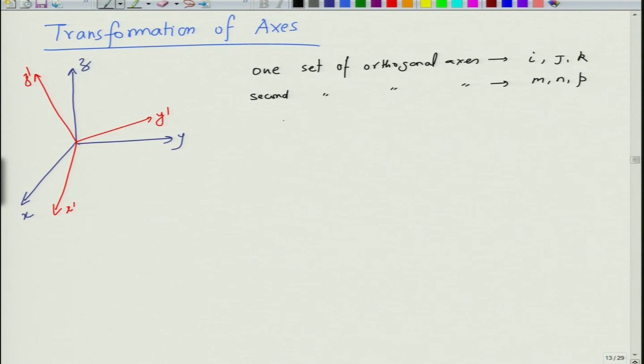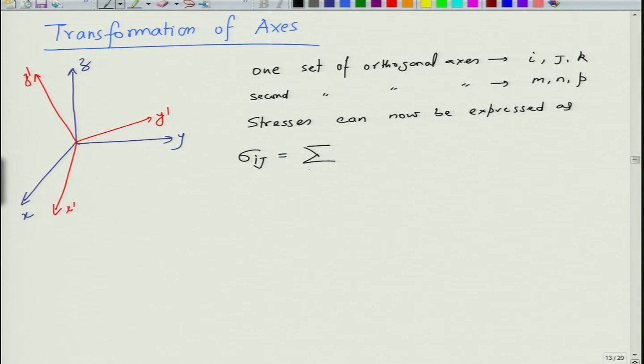So, the stresses in the new system can in general be expressed as sigma ij equals the summation over n equal to 1 to 3, m equal to 1 to 3, of L im, L jn and sigma mn.